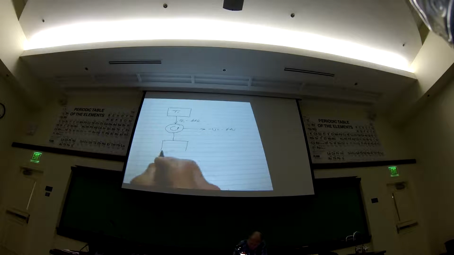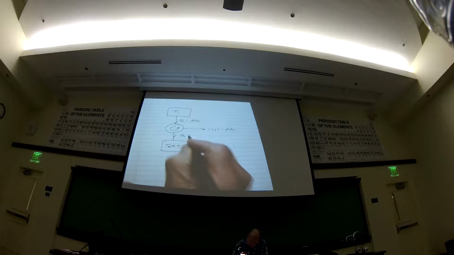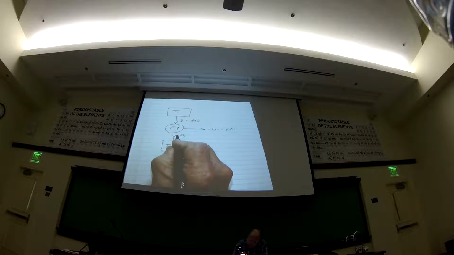some heat flows to T2, which has to be less than T1, because heat won't flow uphill spontaneously. I'm going to do these signs very carefully, but if you think about what they mean, you will not have any problem with them, ever. Call this Q2, call it minus Q2.